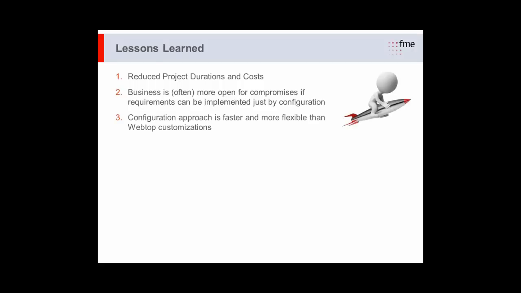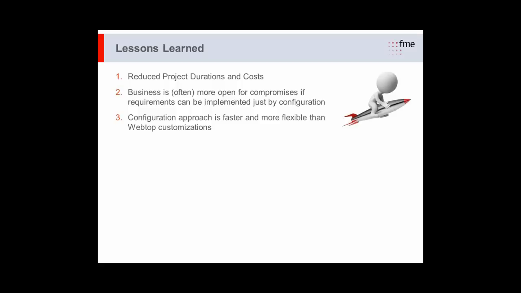The configuration approach is faster and more flexible than Webtop customization. With D2 you configure a lot of things on your client, and when you want to modify this, you only change the configuration, and it will be automatically applied to the client.